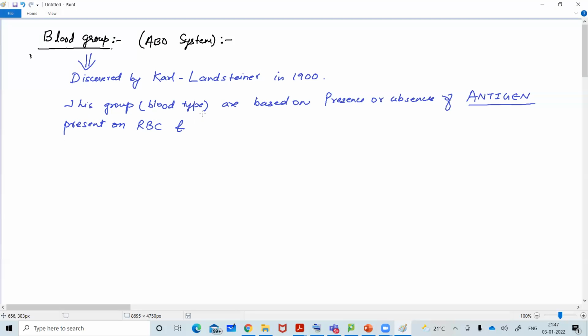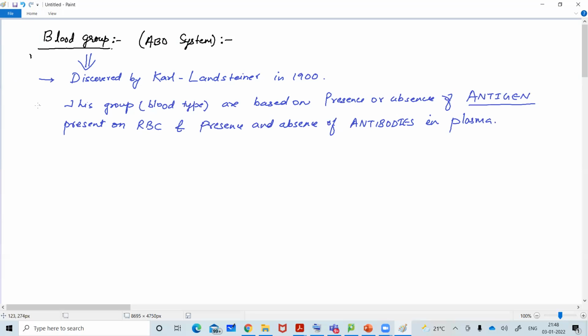And if there is an antigen, that means there must be an antibody, right? So you can say that it is based on presence and absence of antibodies in plasma.